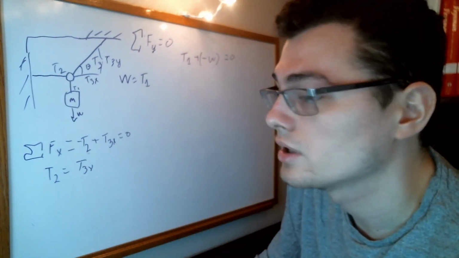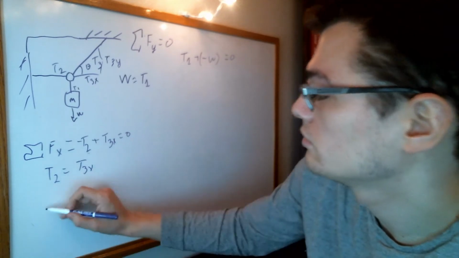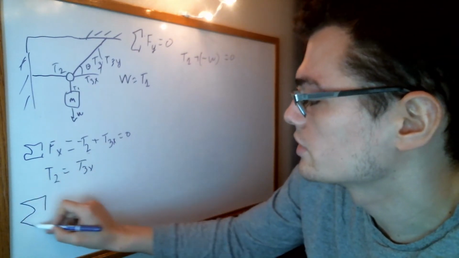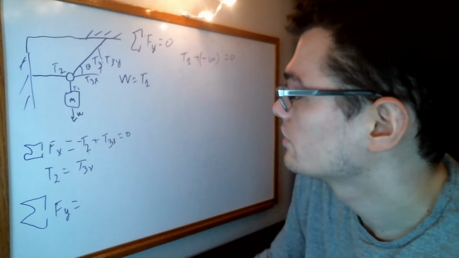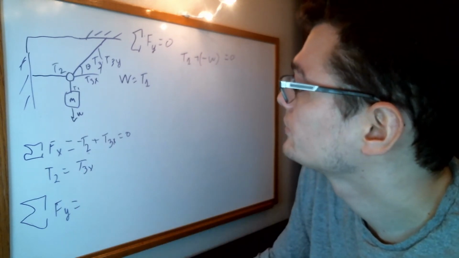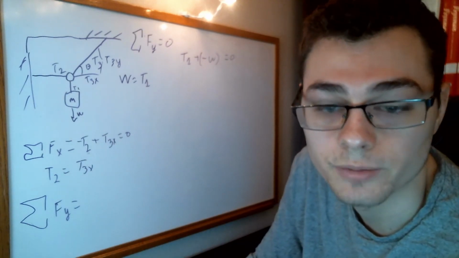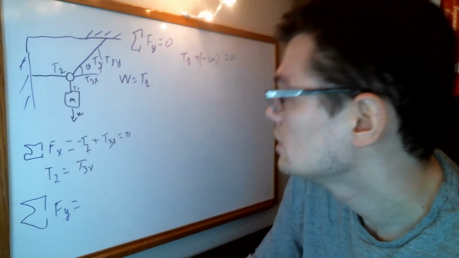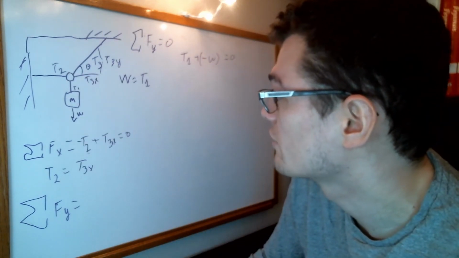And so another thing that we can do is we can say, okay, well, what's the sum of all forces in the y direction? And so then we can say, all right, well, T2 doesn't contribute anything to the y direction because all of it's in the x direction here. So we're not going to see a T2 show up in this Fy, or the sum of forces in Fy.